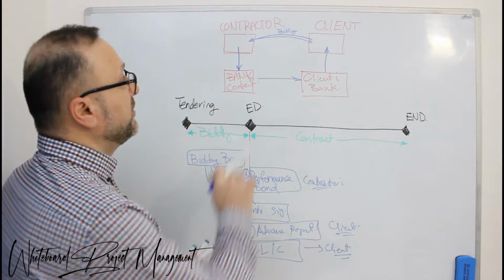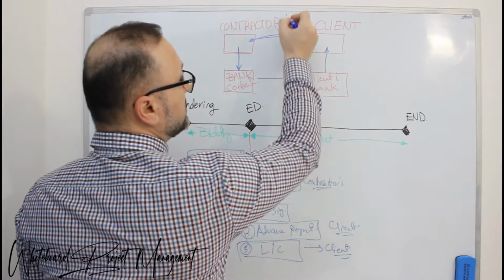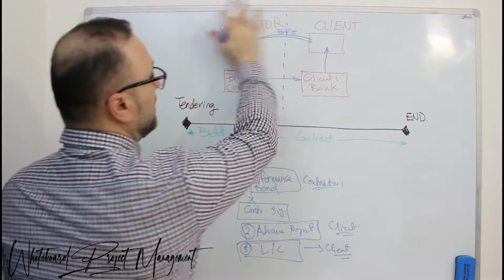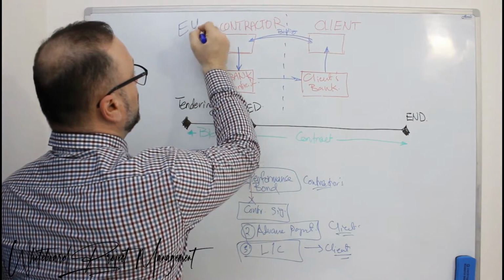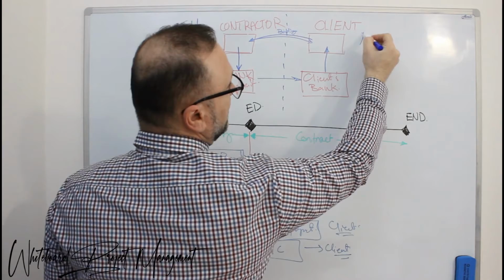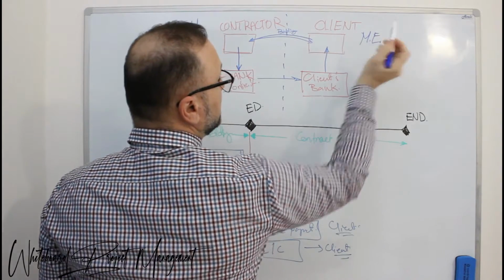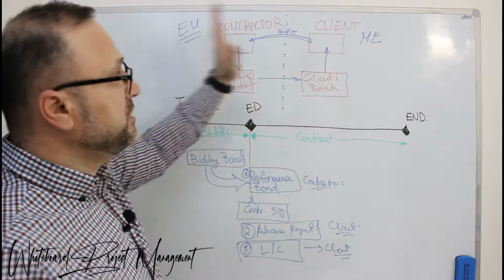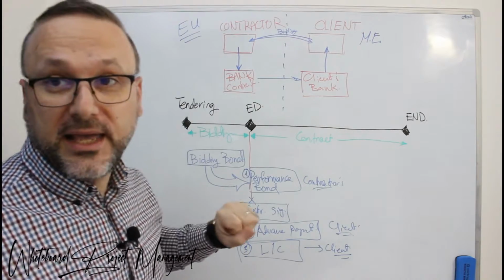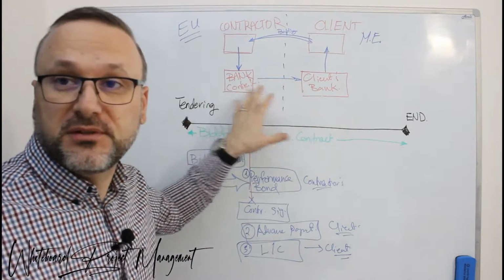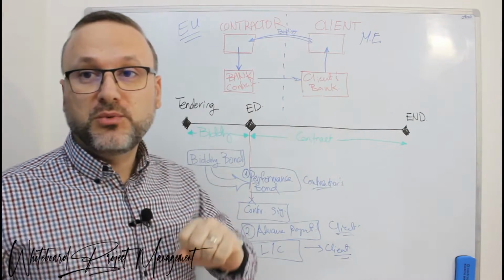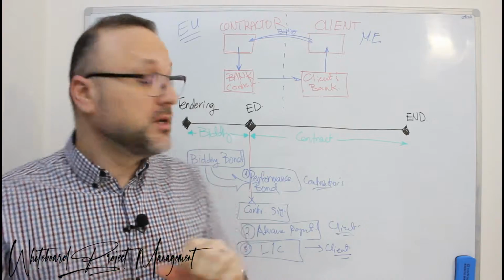Sometimes, if the contractor and the client are in different countries, let's say the contractor is in Europe and the client is somewhere in the Middle East, you have two different regions and the banks are different in different regions. Each bank has its own regulations.